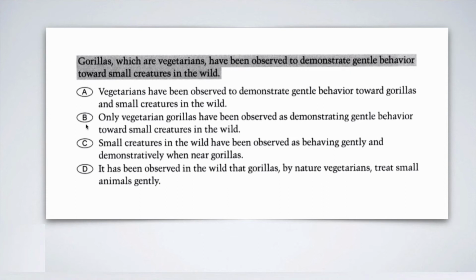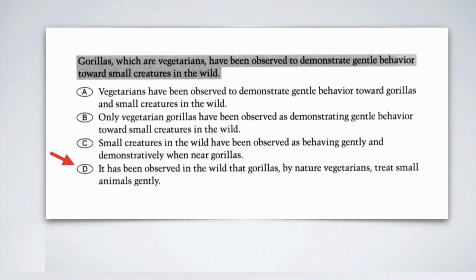So we have these 4 answer choices, and we need to choose which one will be the best paraphrasing of this sentence. So pause this video for a little bit, read the answer choices, pick up the one you like the most, and then we will resume. So what do you think is the right answer? This one.